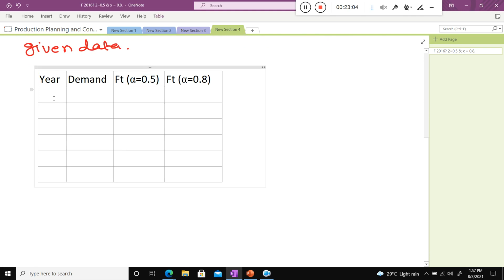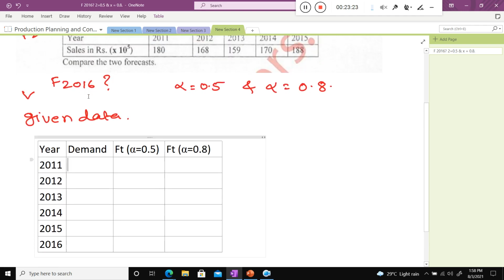Here the years 2011, 2012, 2013, 2014, 2015, 2016 are given. The demand is given: 180, 168, 180, 168, 159, 170, 188.